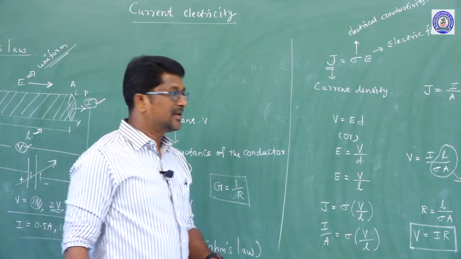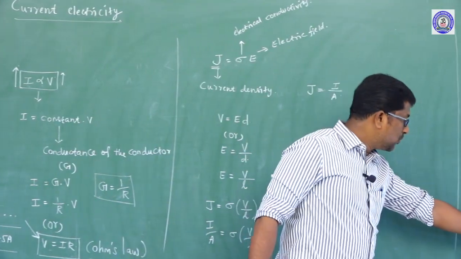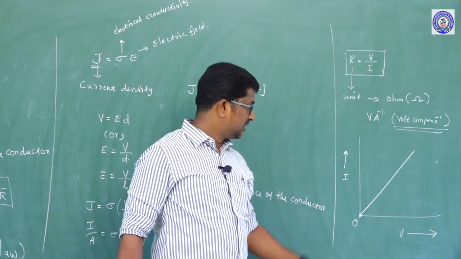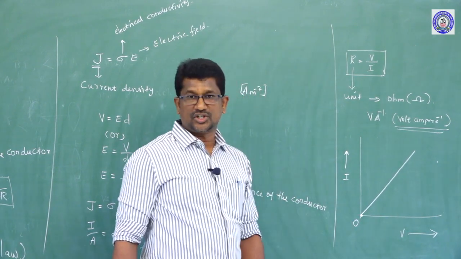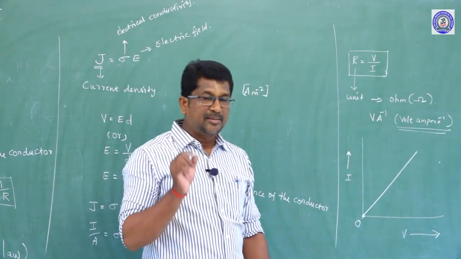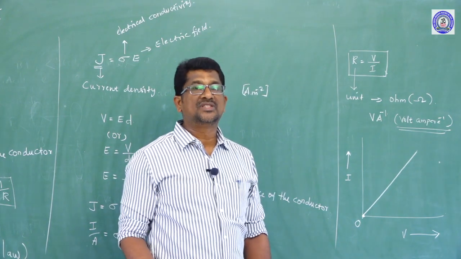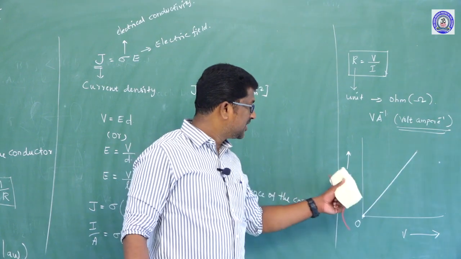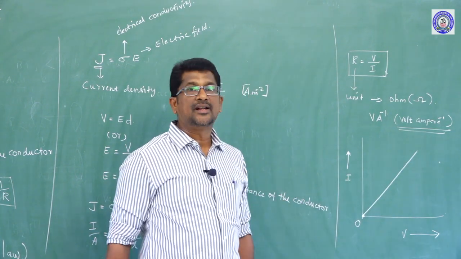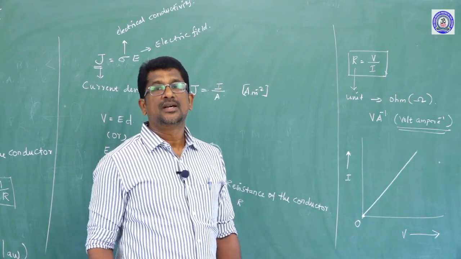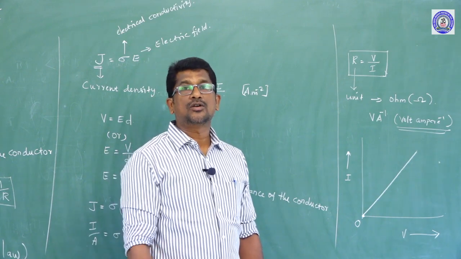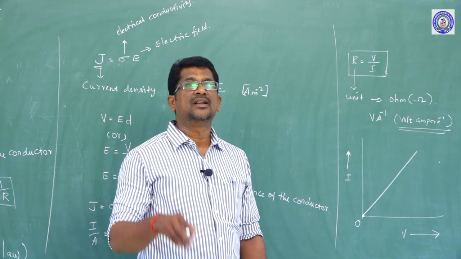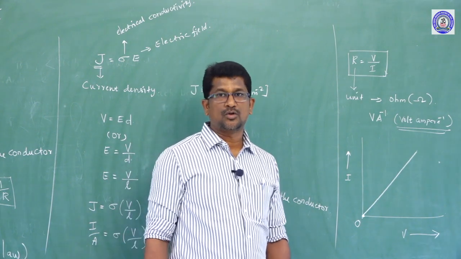For an ohmic material, the nature of the voltage, potential difference and current graph is a straight line which passes through the origin. So, if any material obeys Ohm's law, then when the graph is drawn between voltage and current, the nature of the graph is a straight line. Those materials are called ohmic materials, because those materials obey Ohm's law.